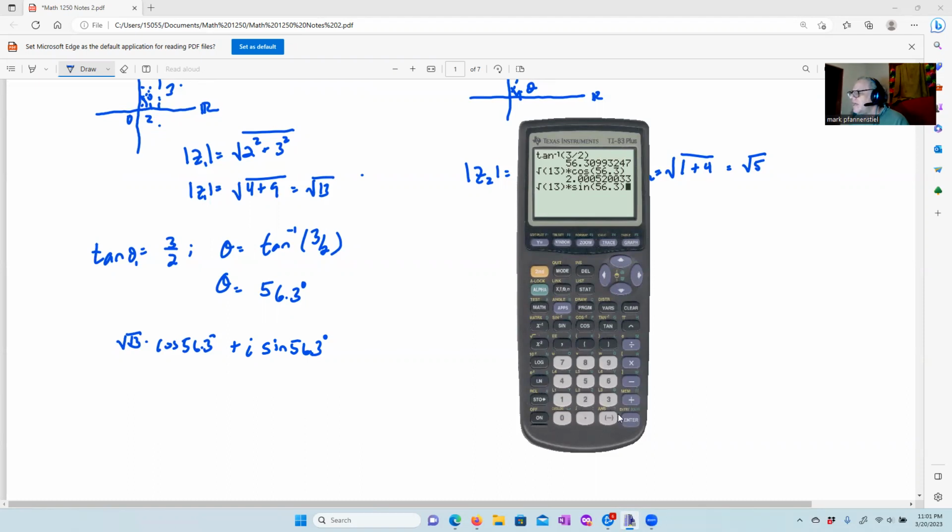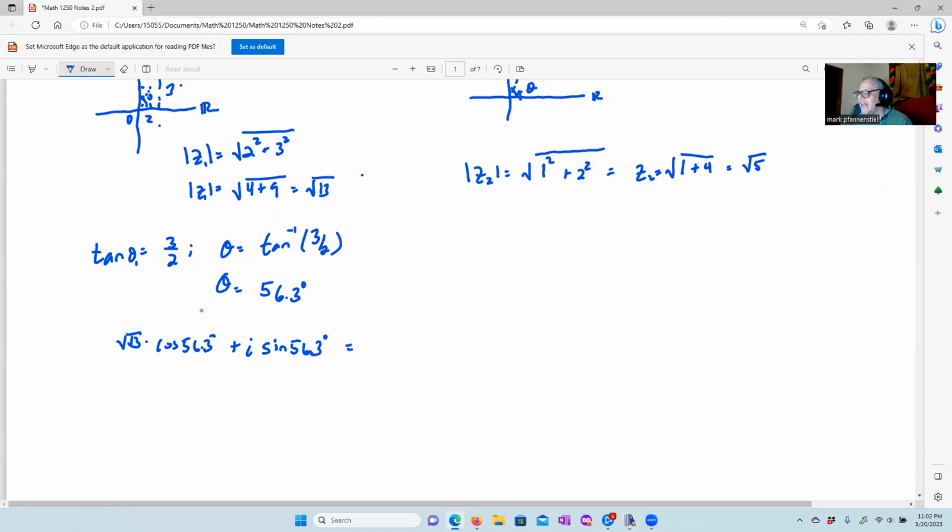There we go. We'll type that in, and we got something really close to 3. So if I just let this go as one expression, I could say this is approximately 2 plus 3i, right? It's just written as square root of 13 times the quantity cosine 56.3 degrees plus i sine 56.3 degrees.